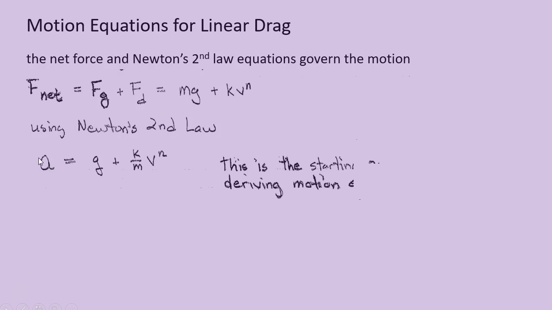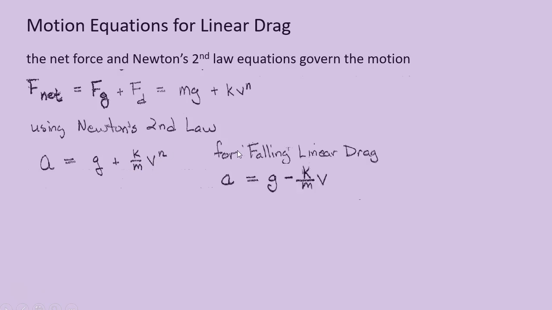We're just going to rearrange it to have acceleration equal to the net force divided by m. And so when we divide m into our net force expression up here, it simplifies to the acceleration is equal to g plus the proportionality constant divided by the mass of the object times v to the nth power.